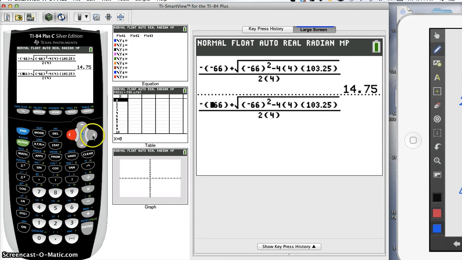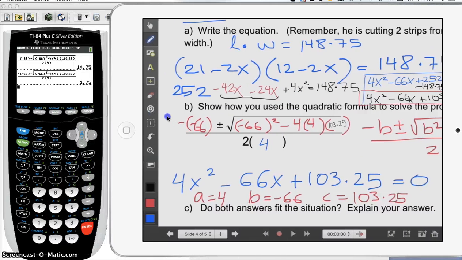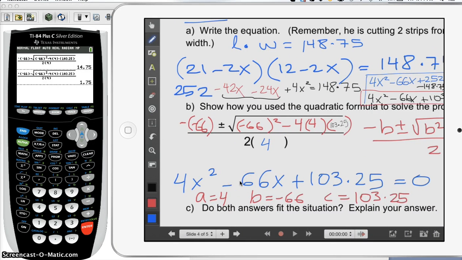I think I pressed back too many times. So now I need to go and put a minus in here and press enter again. So it's going to give me my second value, which is 1.75. So this is what I need to do. So my two values are 1.75 and 14.75.